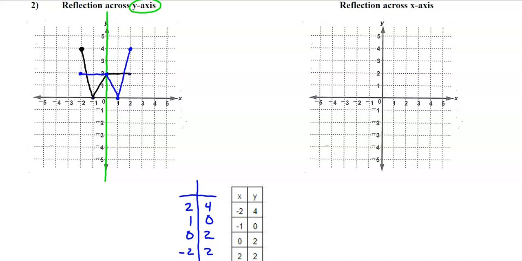And now when I reconnect the dots, I basically get the same shape, just kind of working in the backwards direction. Now, what really happened? If you notice, the y values stayed the same. Nothing really changed. But the only thing that happened to the x values is they became the opposite.